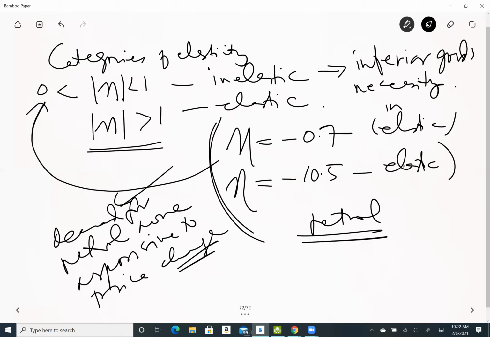So the next part is elasticity and revenue. You want to look at the relationship between the revenue and the elasticity.